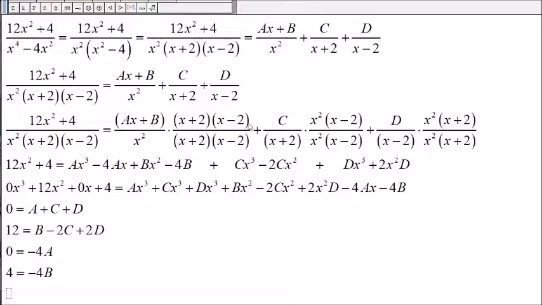So we multiply this out, we will get Ax to the 3rd minus 4Ax plus Bx squared minus 4B. And then C times this would be Cx to the 3rd minus 2Cx squared. And then D times this, we get Dx to the third plus 2Dx squared.